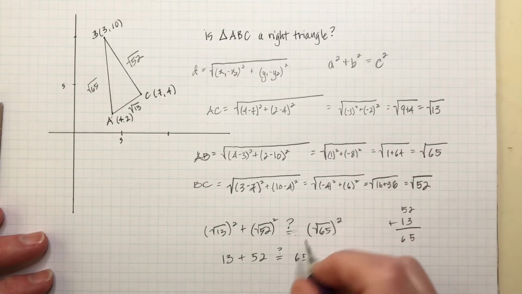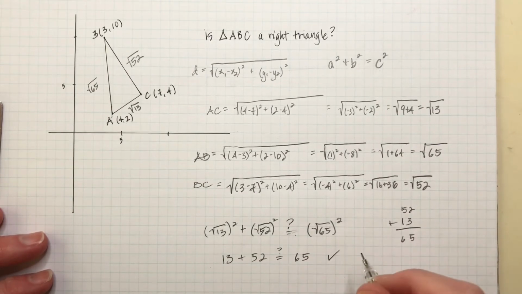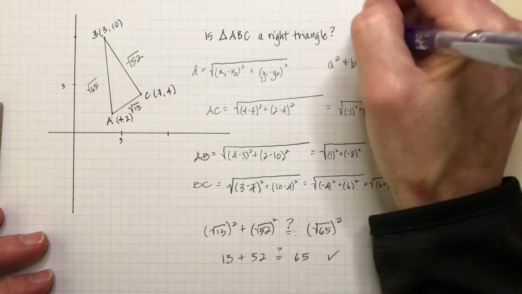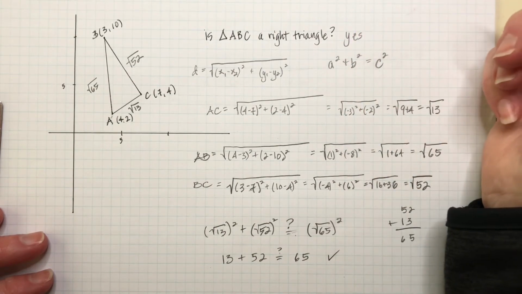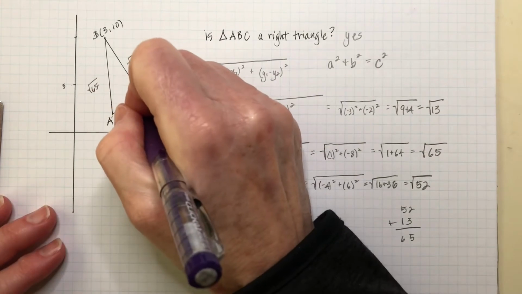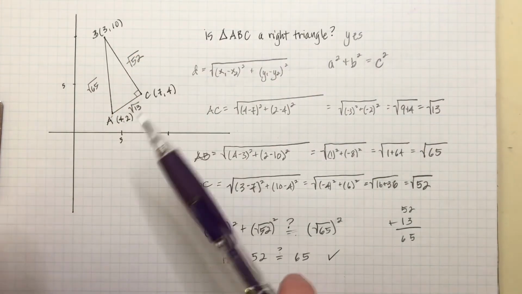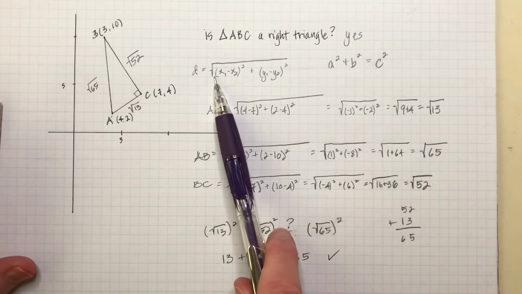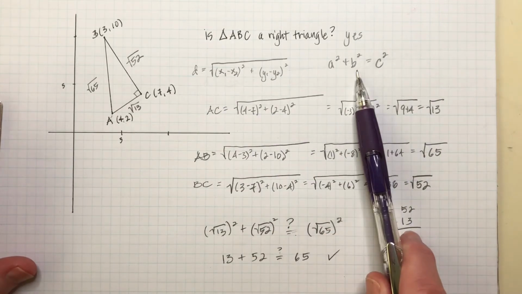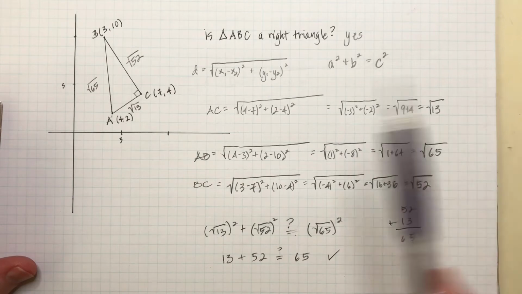Yep, it equals 65. True. So that means that triangle ABC is, in fact, a right triangle. And the right angle is right there. So that's how to do that kind of problem to determine, is this a right triangle? You use the distance formula and the Pythagorean theorem to get your answer.